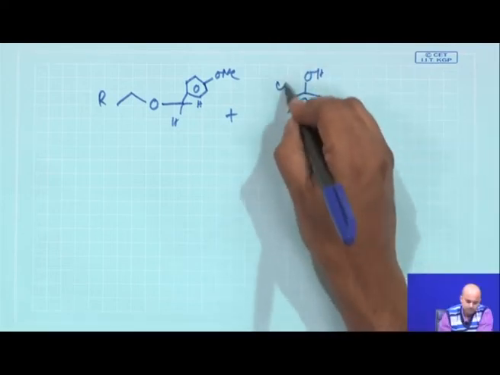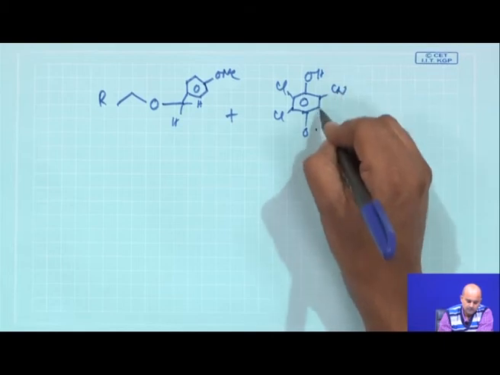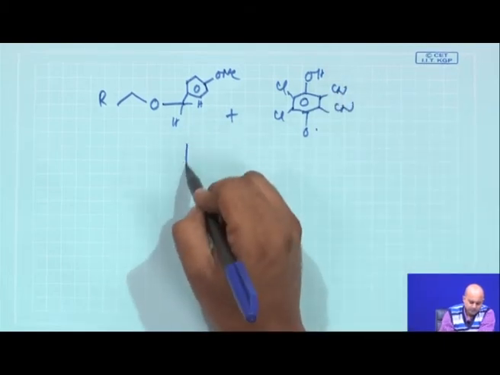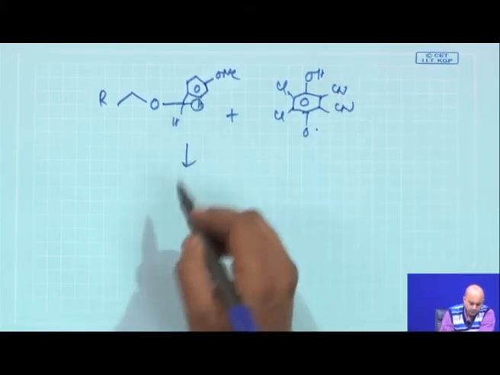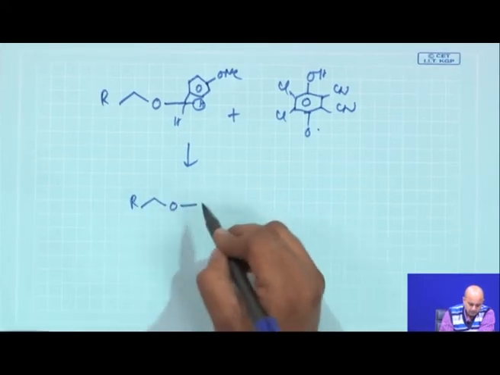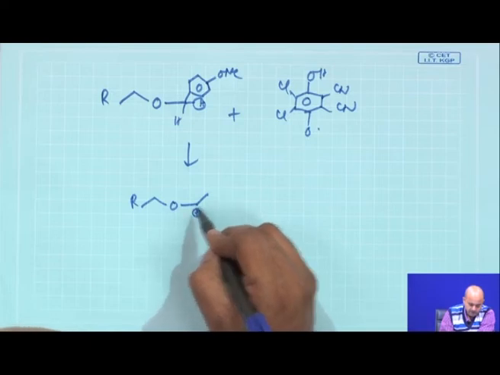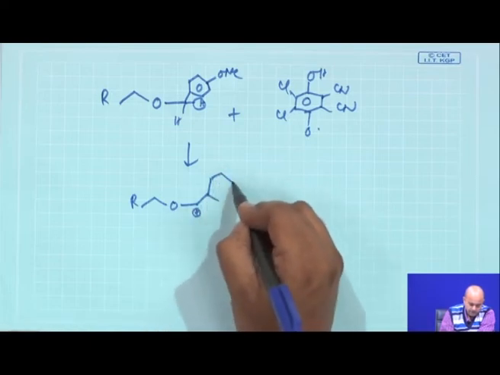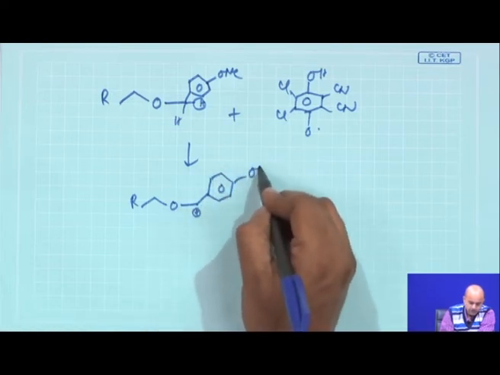Once this hydrogen goes off, you get the corresponding PMB cation, which is stabilized by this para-methoxy group.